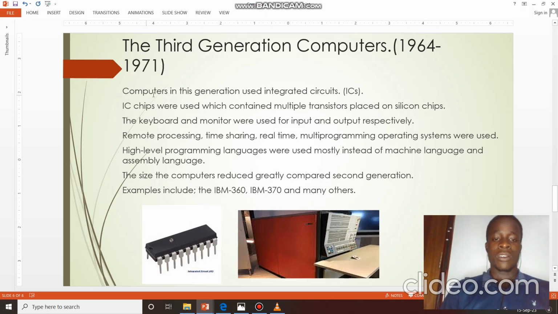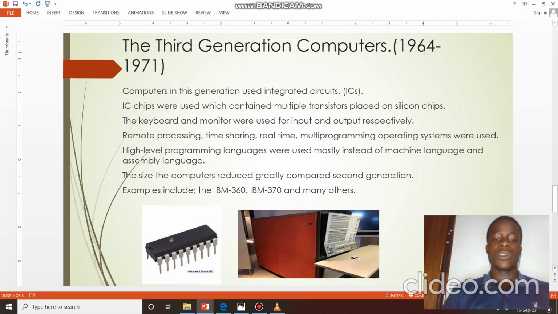The third generation's hallmark was the development of the integrated circuit, developed in 1964. IC chips contained multiple transistors placed on a silicon chip.